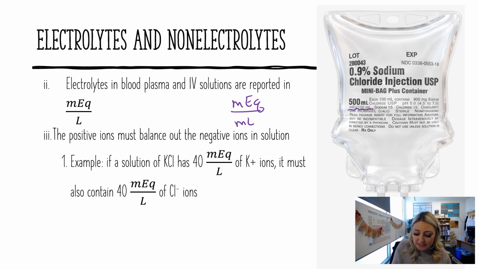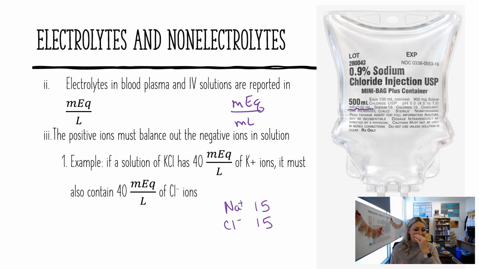So it's telling us that for sodium ions, we have 15, and for chloride anions, we also have 15 equivalents. So what's really important here is when we put solutions into our patients, we want to make sure that the positive charges cancel out the negative charges.